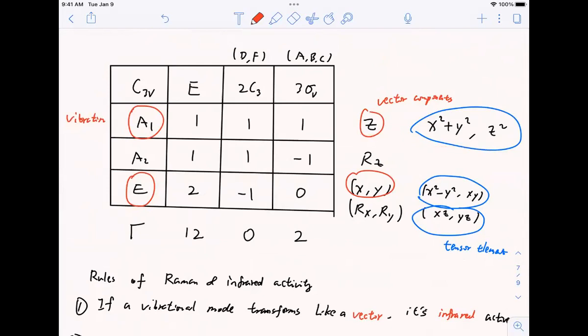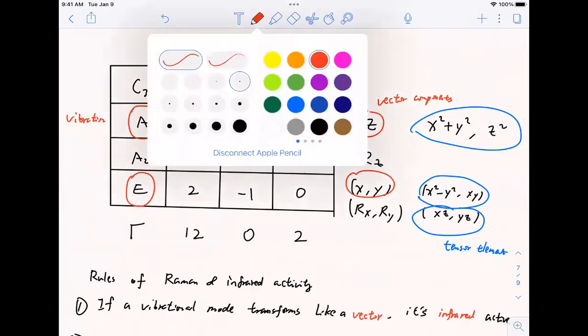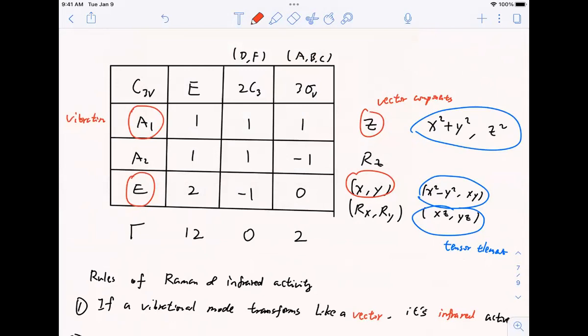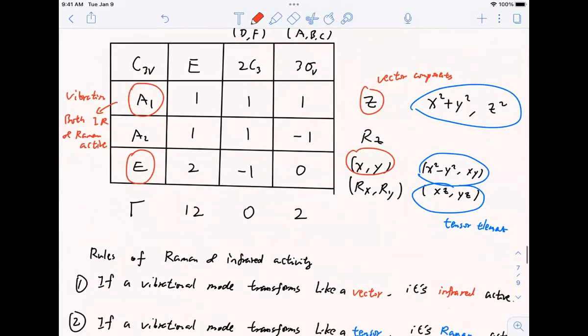So this is both IR and Raman active, because it has both. And E also has both. So this one, I point it like here. Both IR and Raman active.